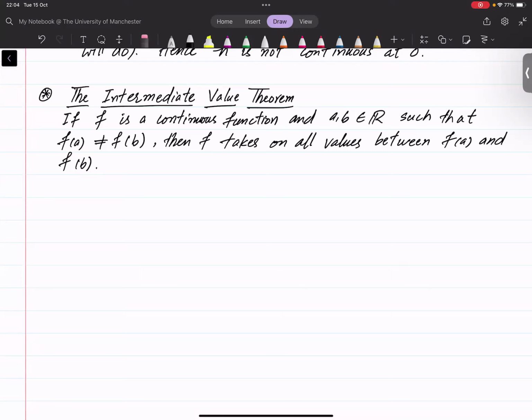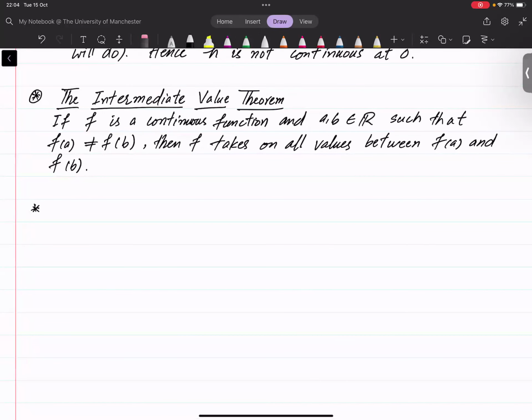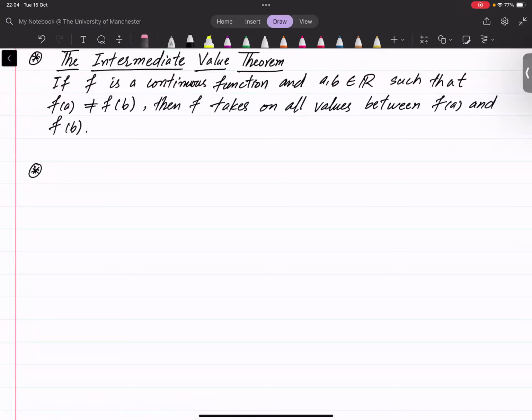So let's present the intermediate value theorem 24.1 and then prove it.